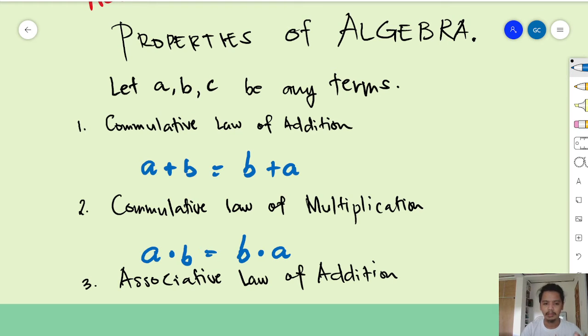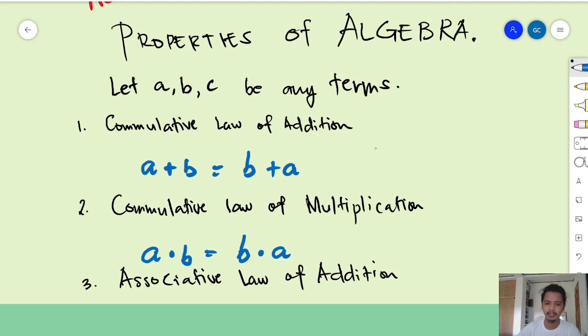Paalala ko lang, itong second law natin, commutative law of multiplication, ay hindi natin pwedeng gamitin sa division. We cannot commute our divisor and dividend when it comes to division.